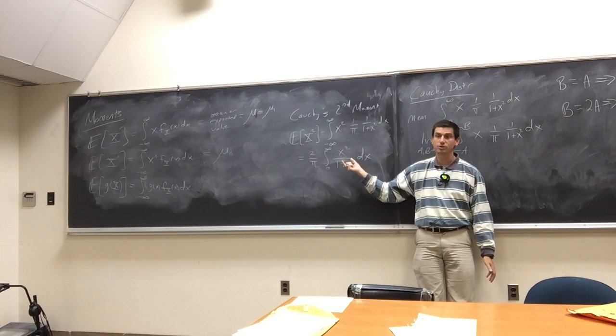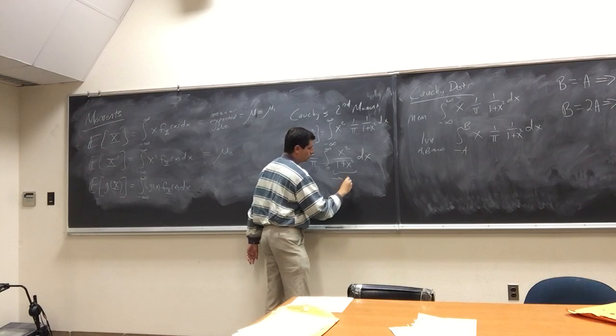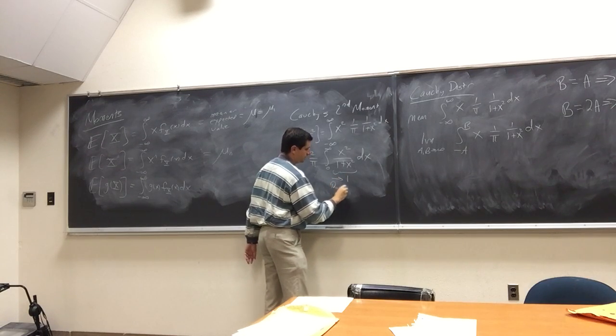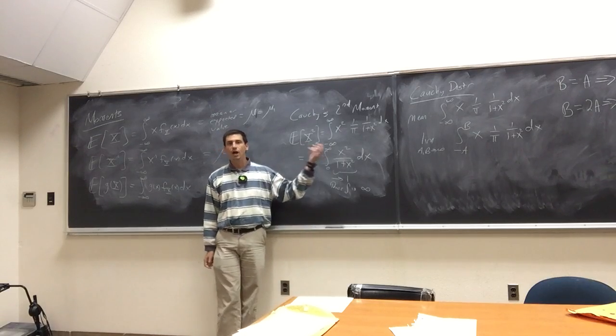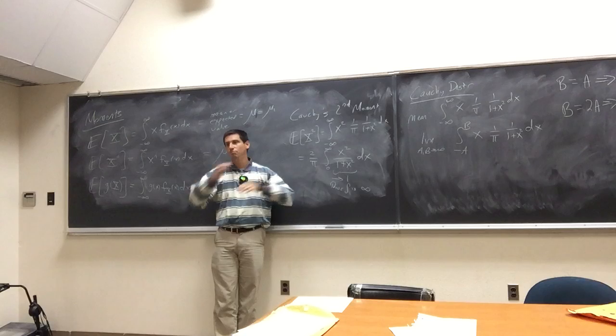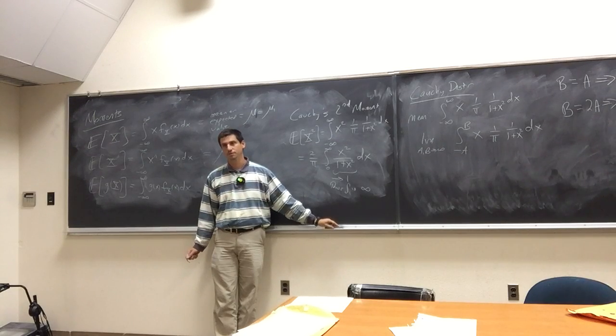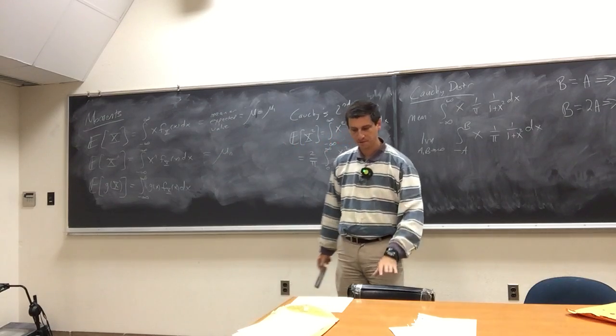Since the integrand is not going to 0 at infinity, it can't converge. This converges to 1, thus the integral is infinite. So even if you are able to argue it has a finite mean, by the time you get to the second moment, there's nothing you can do. Okay? Any questions about this?